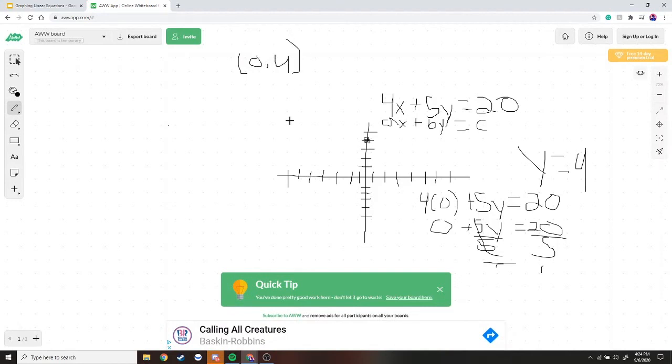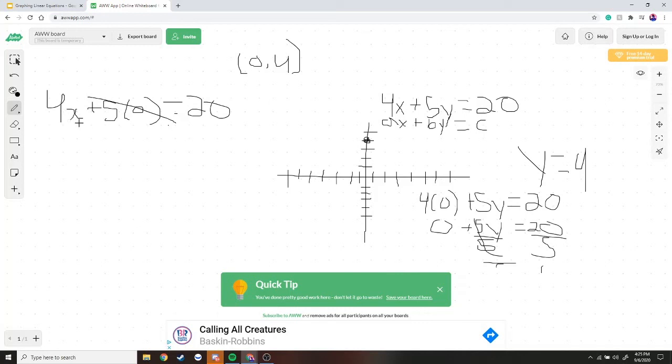And next we want to find the x-intercept, or where the function hits the x-axis. To do this, we're going to plug in 0 for y, and then solve for x. So we have 4x plus 5y, and y is 0, is equal to 20. Now 5 times 0 is just 0, so you can forget about that, and we're left with 4x is equal to 20.